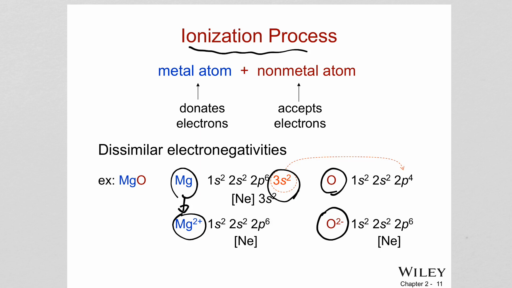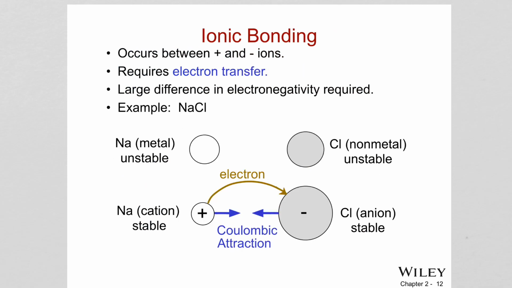Basically the ionization process is creating ions, and they have opposite charge, so they form the basis of ionic bond formation. One of them gives electrons to the other, forming the ions, because they have dissimilar electronegativities, and therefore this results in the formation of ionic bonding.